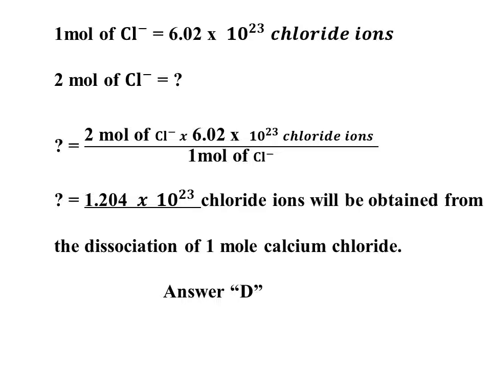Crisscross: 2 mole of chloride ion multiplied by 6.02 times 10 to the power of 23 chloride ions divided by 1 mole of chloride ion, which gives 1.204 times 10 to the power of 24 chloride ions, obtained from the dissociation of 1 mole of calcium chloride. The answer is D.